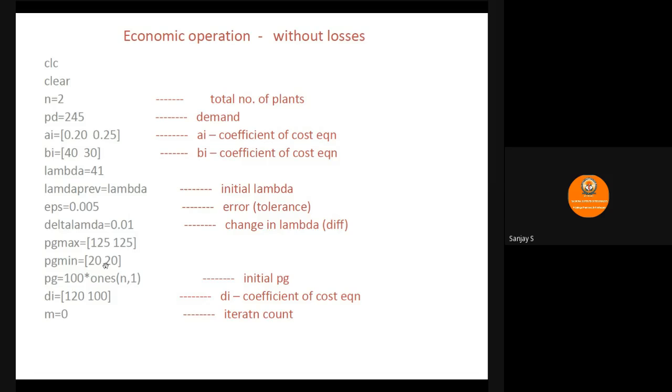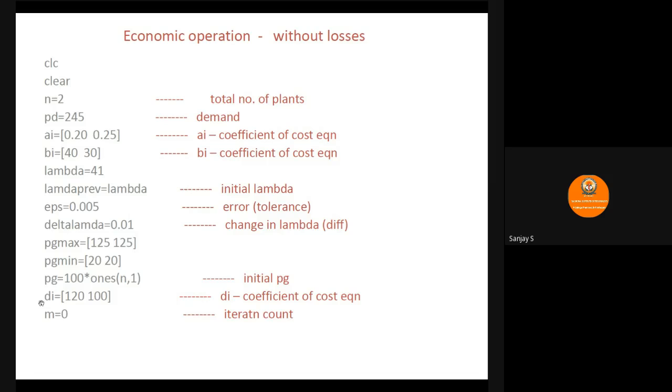Now we initialize a variable Pg, which is equal to 100 into ones of n comma 1. Ones of n comma 1 means it is a matrix that contains n rows and one column with all elements being 1, multiplied by 100. So finally Pg will be a matrix containing n rows and one column with all elements being 100.